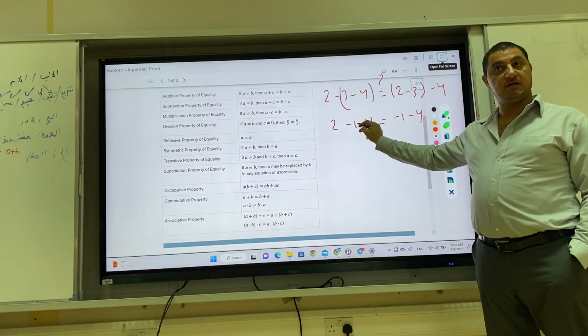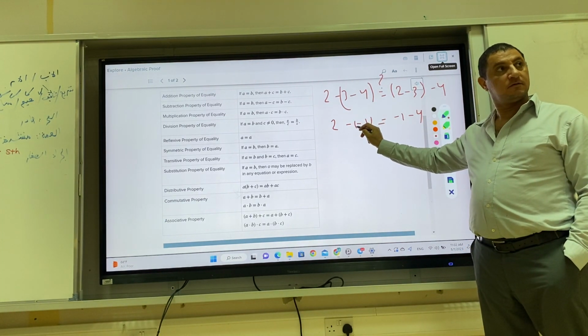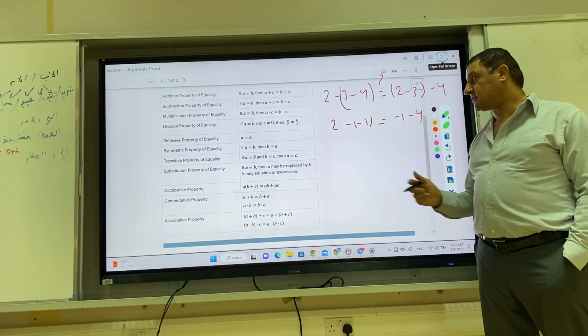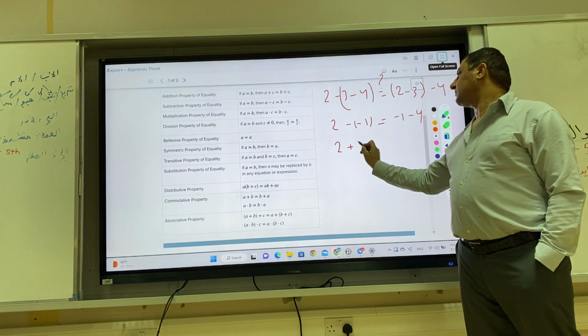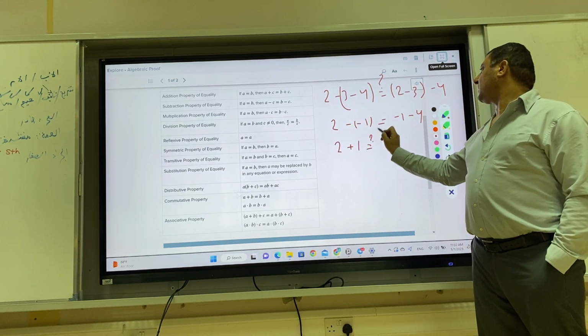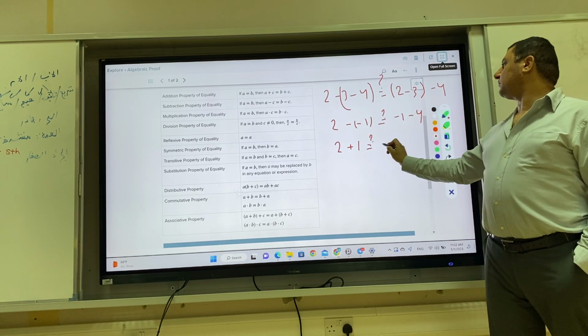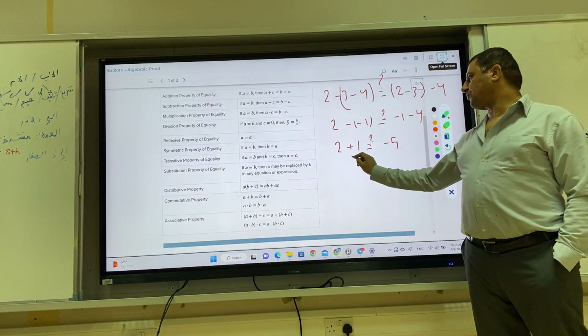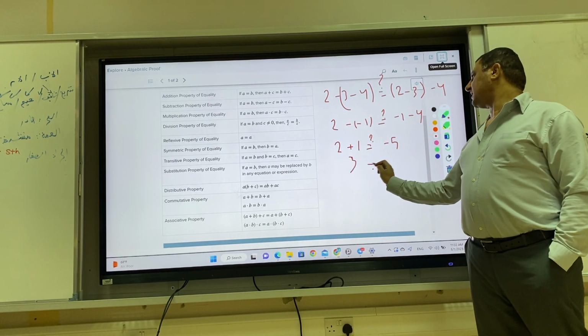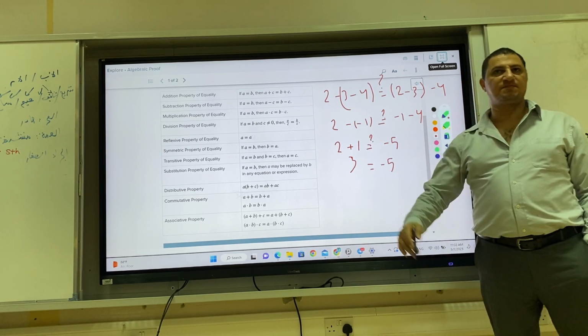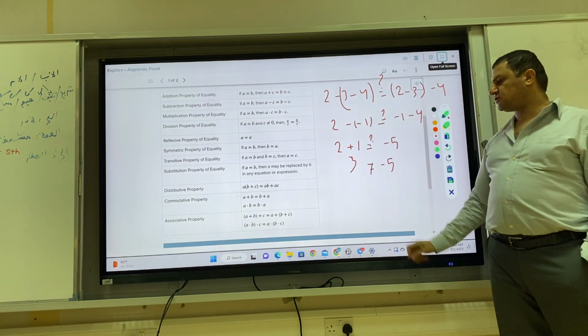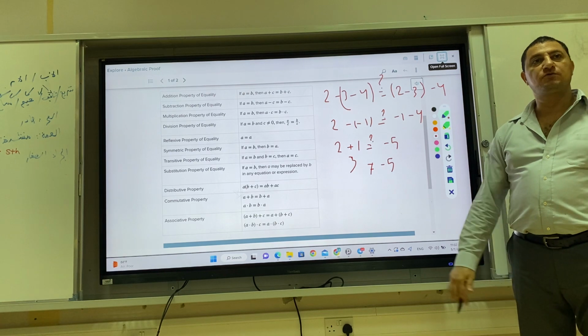Minus negative is the same as positive, plus. So 2 plus 1. Is it equal? Negative 1 minus 4? That is 3. And this is negative 5. They are not equal. So with subtraction, we cannot use associative.